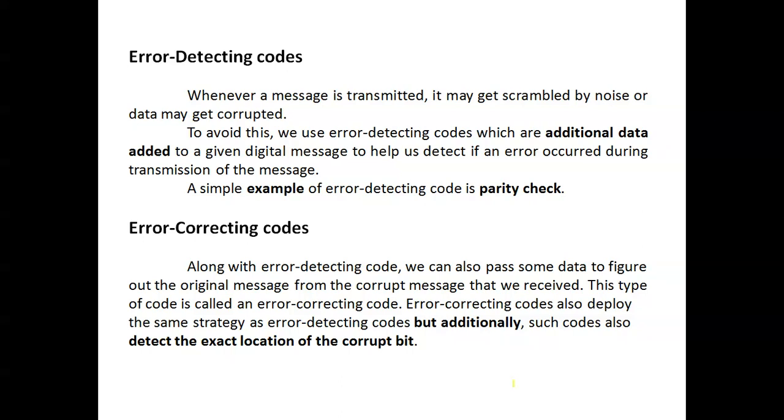The example for both error detecting and error correcting codes is the parity check. Error correction means that once the error is detected, we have to find where it is and then correct that error. That is called error correcting codes.